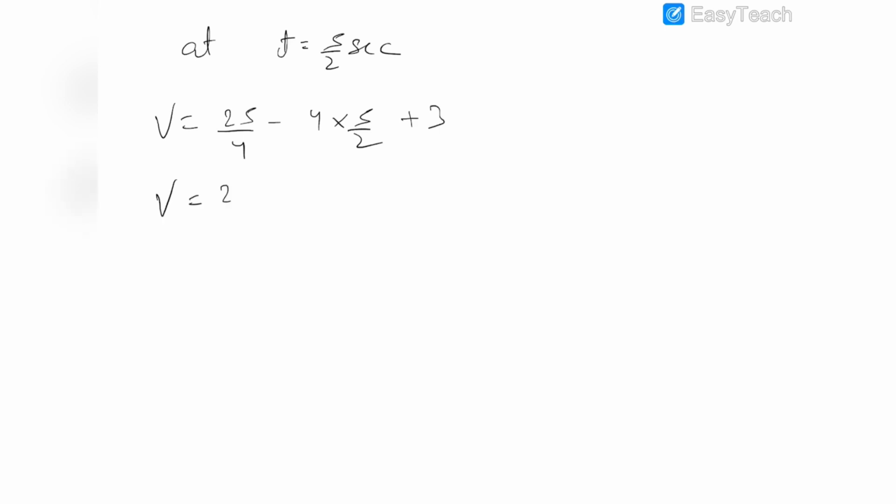So v is 25 by 4 minus 10 plus 3. So v is equal to 25 by 4 minus 7. So v is minus 3 by 4.